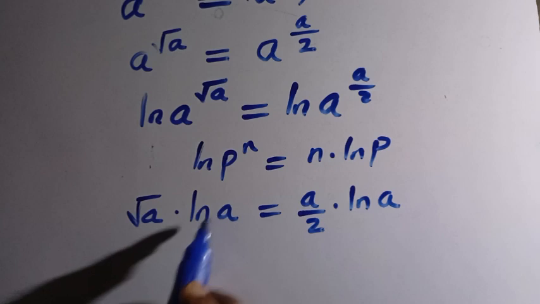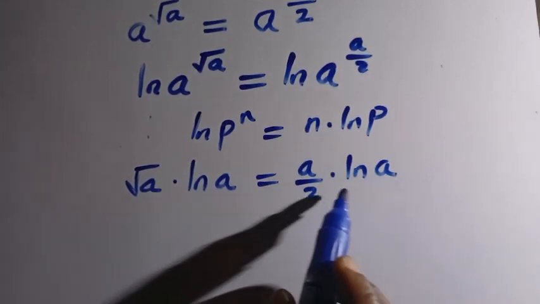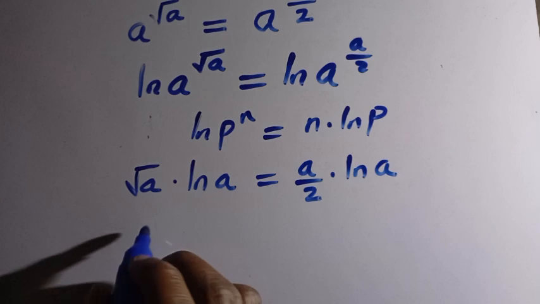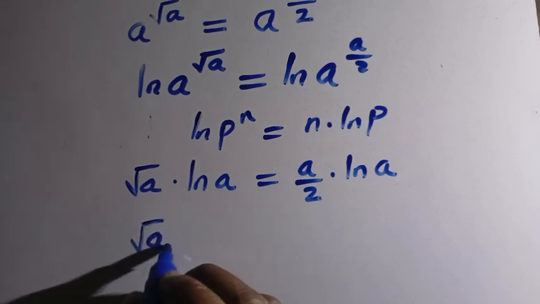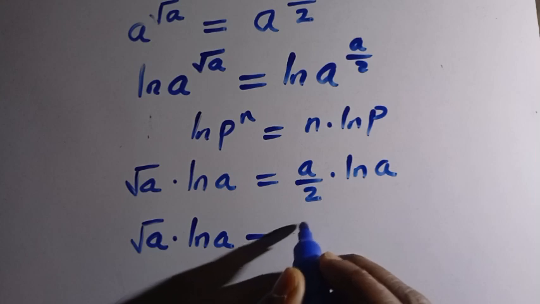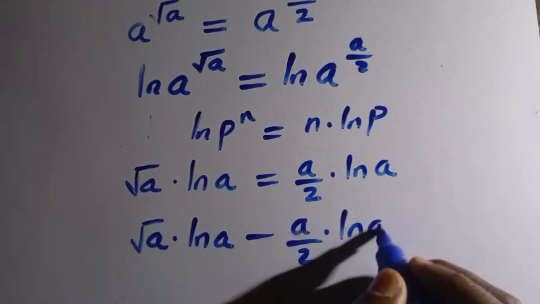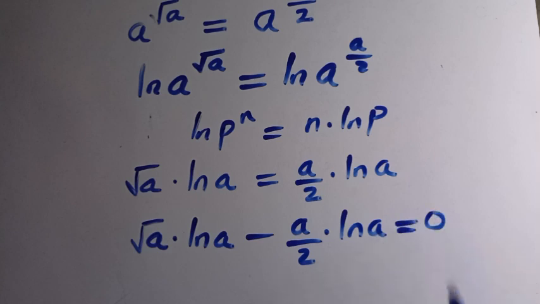So here we can still not cancel ln a. So what we do here is, let's take the whole of this to this side. Then we have square root of a multiplied by ln a minus a divided by 2 multiplied by ln a, and this equals 0.